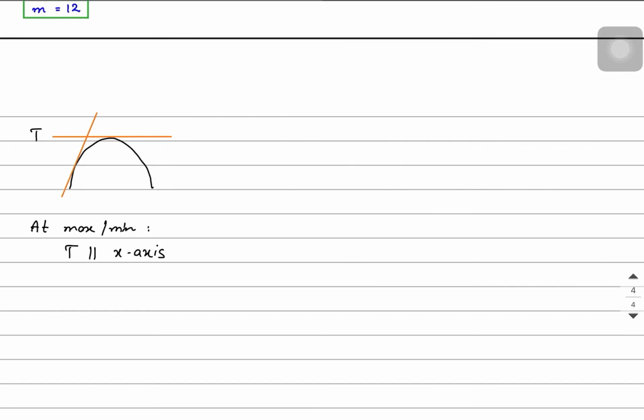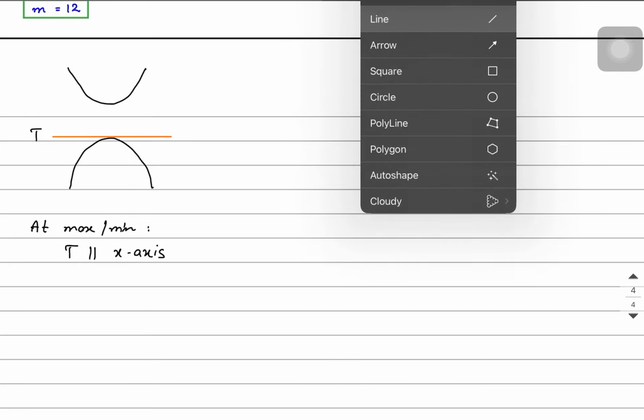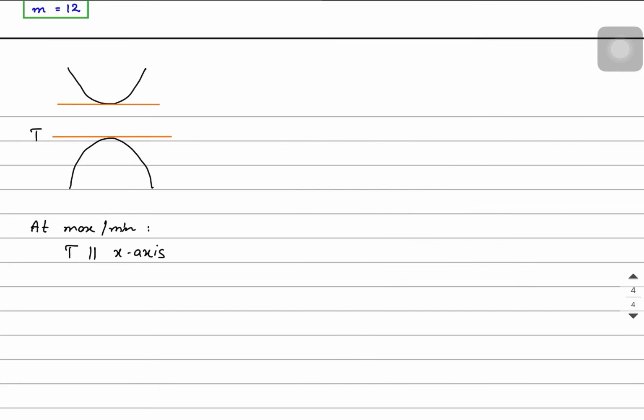Let's take a look at this point. Obviously this point is not a maximum point, so my tangent is not parallel to the x-axis.